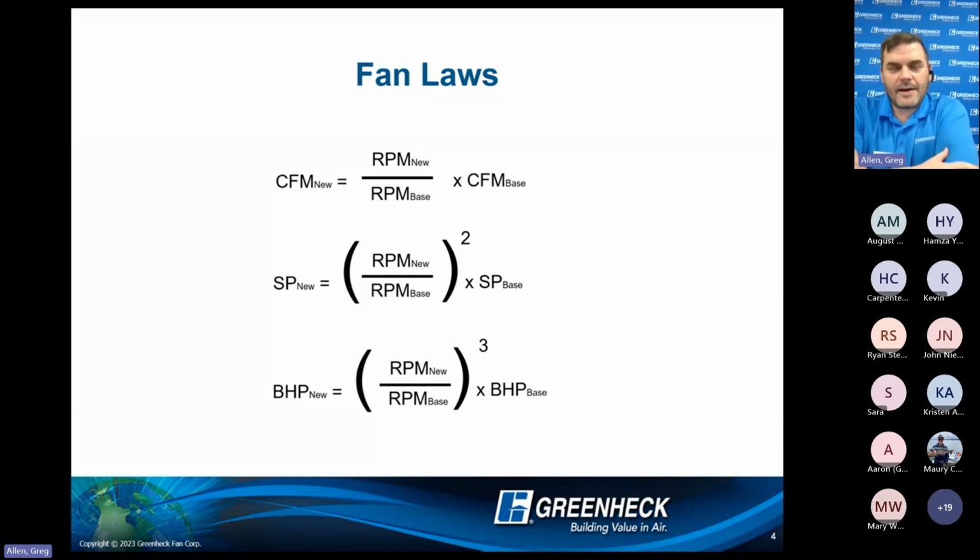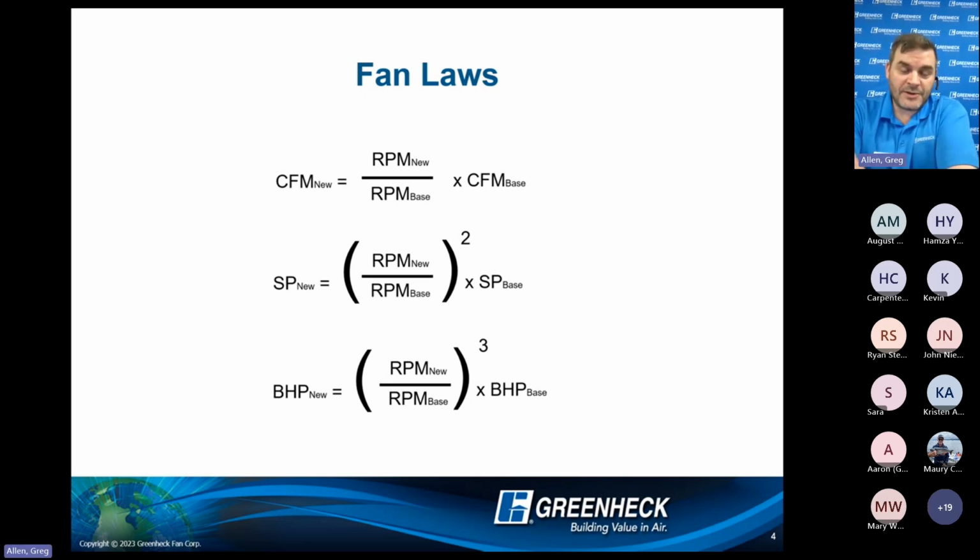Now, a quick terminology 101. The difference between horsepower and brake horsepower. Whenever you see just straight HP, and we're not talking Hewlett Packard, whenever you see horsepower, we're referring to the nameplate of the motor, right? I have a 5 horsepower motor, it's right on the nameplate.